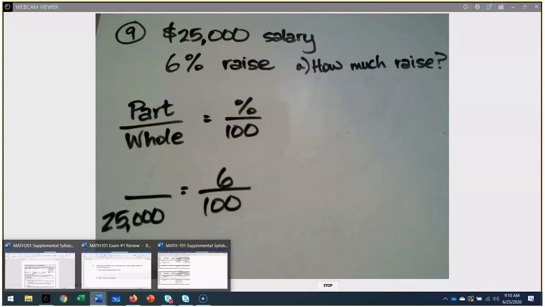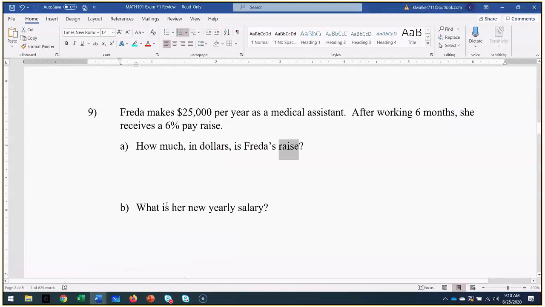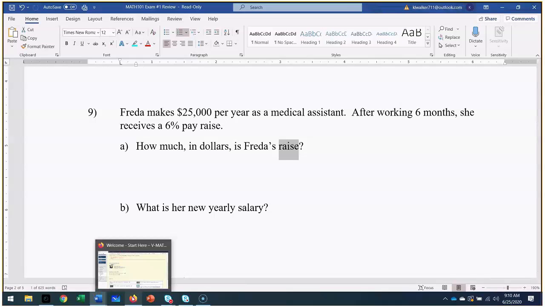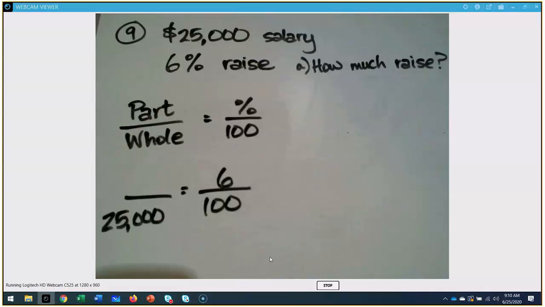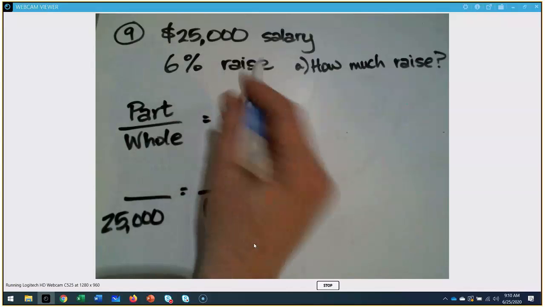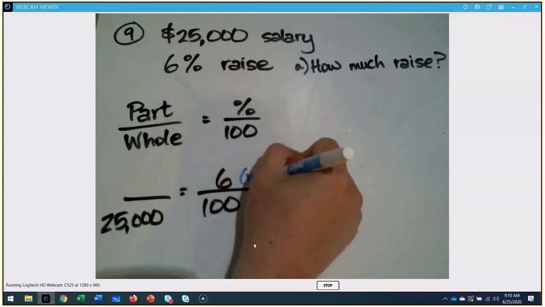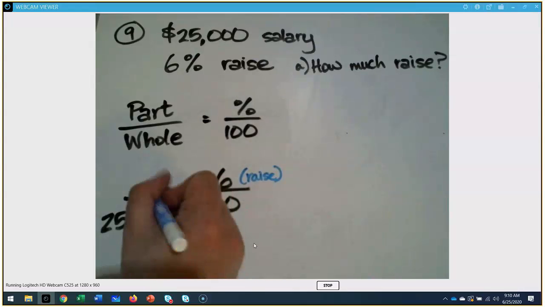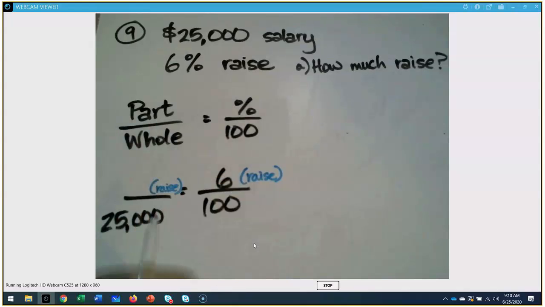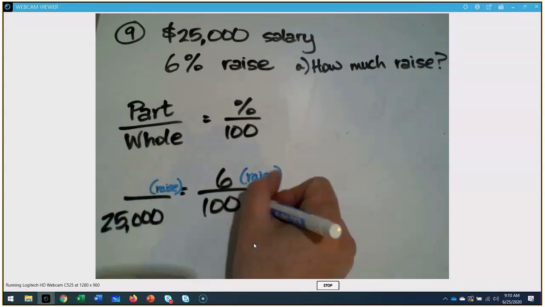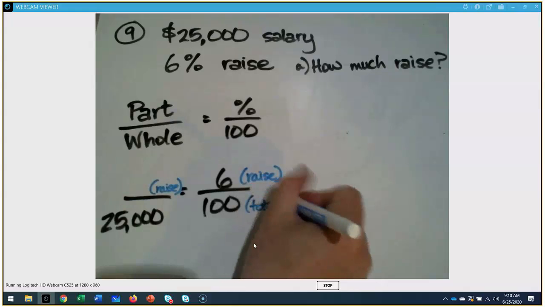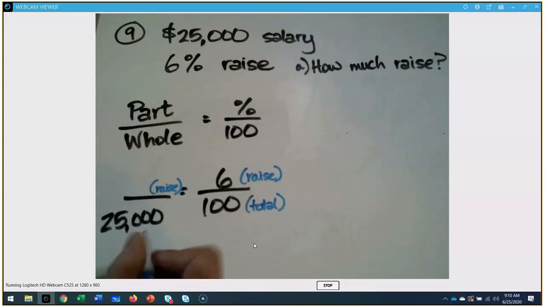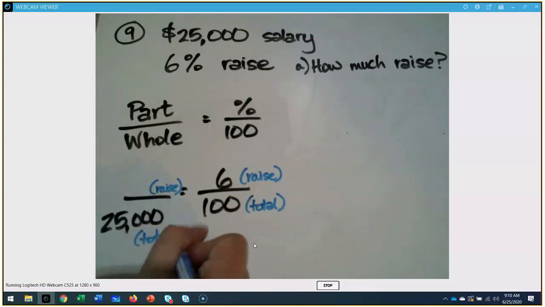So they're asking for 2 different things right here. If they want the raise first, then this is what I'm going to look at. The 6% is a raise amount as a percentage. So if that's going here, then this over here has to be how much of a raise she's going to get. Okay, 100 represents the total percentage. And so this salary is her total salary before the raise.